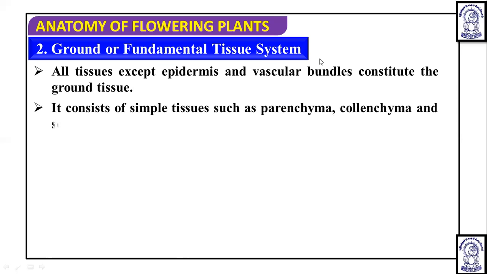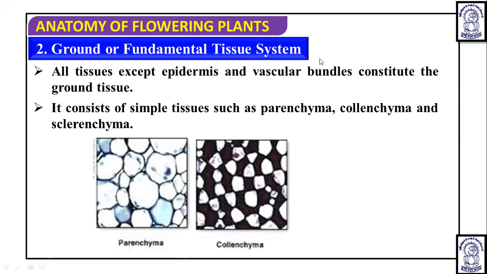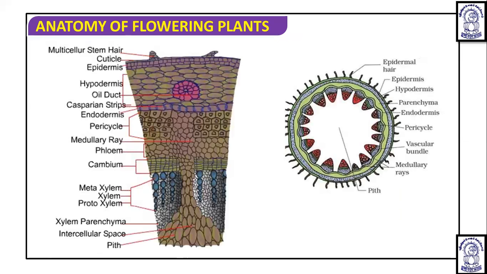It consists of simple tissues such as parenchyma, collenchyma, and sclerenchyma. They mainly take part in the formation of this ground tissue. As we have discussed, they are simple permanent tissues. If we leave out the epidermis and vascular bundle, see, this is the stem and we are taking a cross section of the stem.